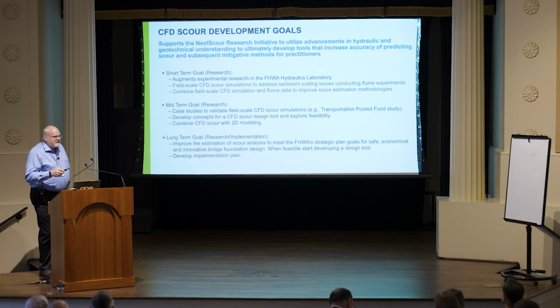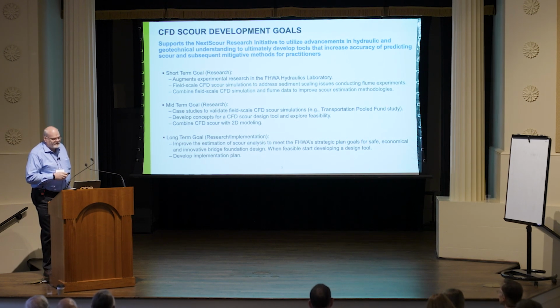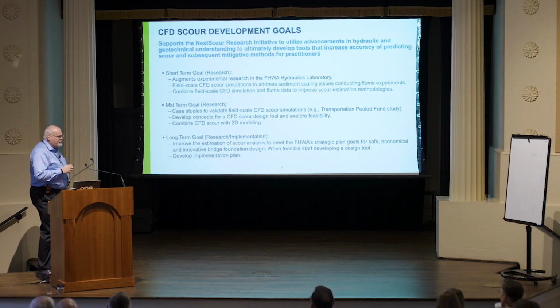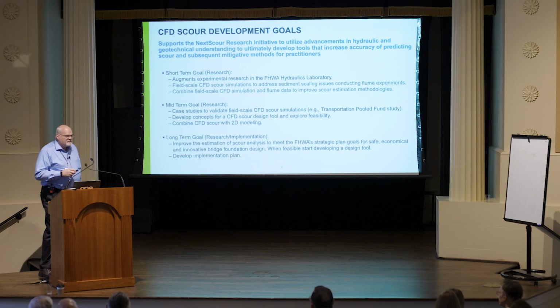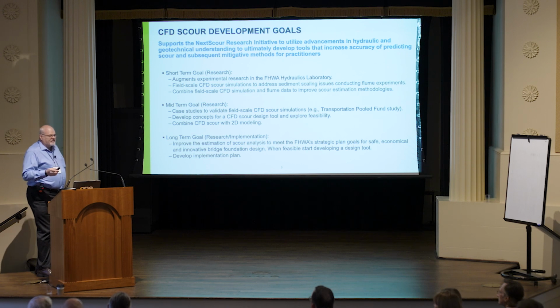But one of the things that we already do is upscaling things from the flume to the field scale, because that is much easier to do in a computer, because obviously you cannot run field scale experiments. Right? So in the short term, we're developing all these things, but in the longer term, what we have in mind is to move towards developing a tool that can be used by others, which is one of the reasons that we do this in an open source environment where it's easy to distribute the software at no additional cost to people.